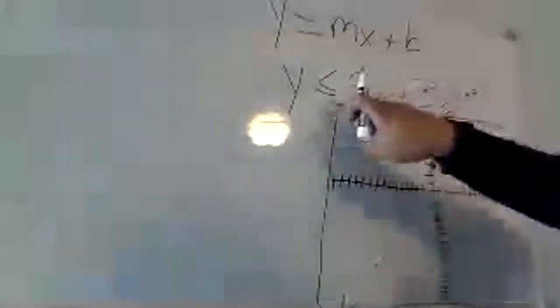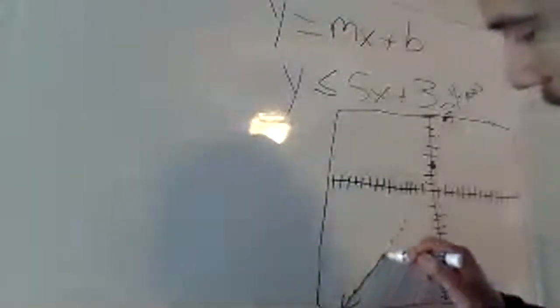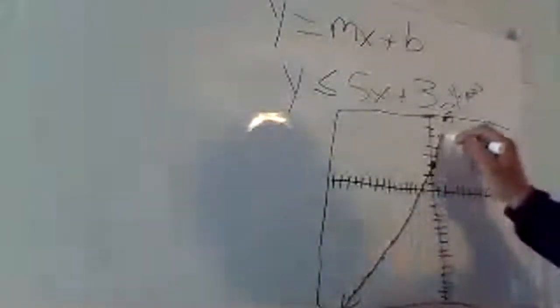So I went ahead and I added the equal sign, just one line below it, to change this equation. So now it's going to be a solid line.